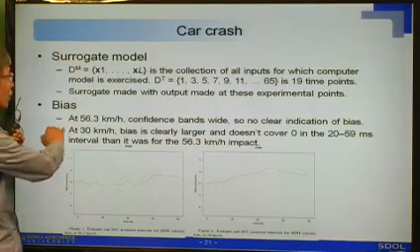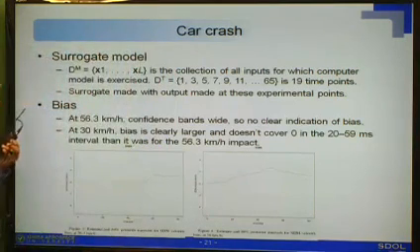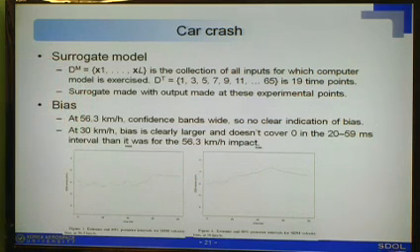On the other hand, at lower velocity impacts, we can see clearly a larger bias, which is greater than zero. So in this case, we say there is a strong bias. And when any designer uses the computer codes, this should be incorporated in their consideration. And this was the final result in the car crash problem.